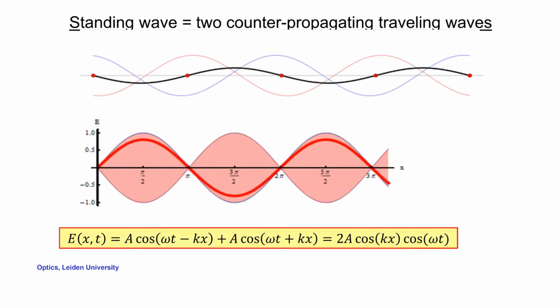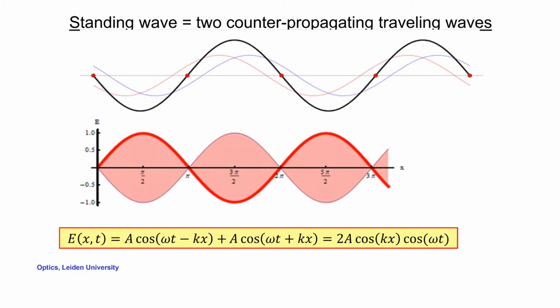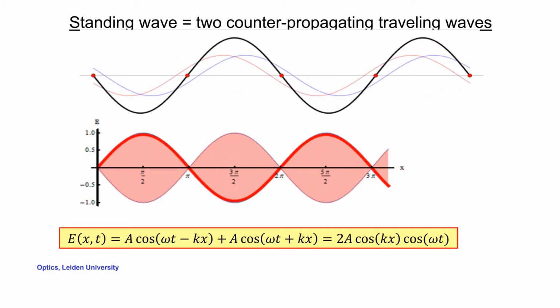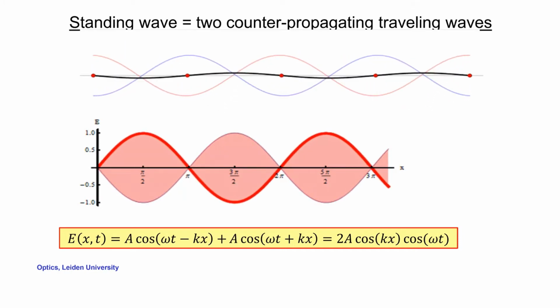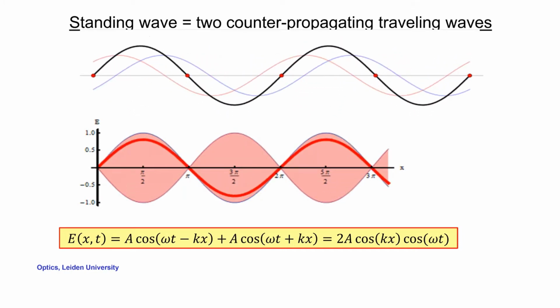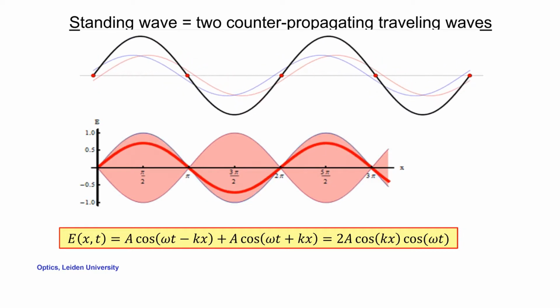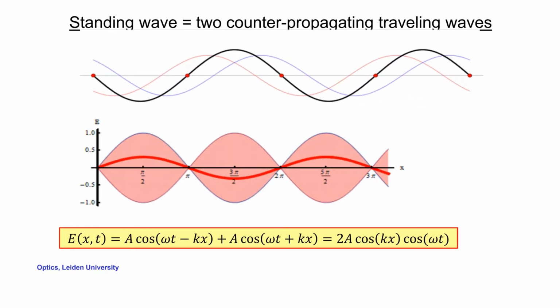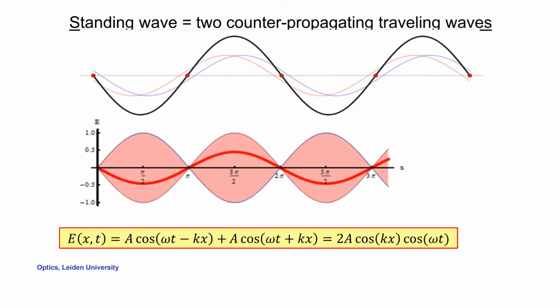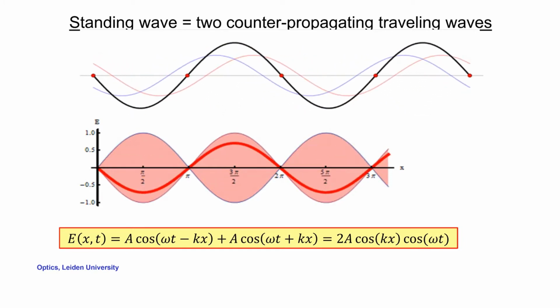Earlier, I mentioned the superposition principle. This movie demonstrates that principle. It demonstrates that a standing wave can be interpreted as the superposition of two traveling waves. One traveling to the right, and another one with equal amplitude traveling to the left, here indicated with blue and red.